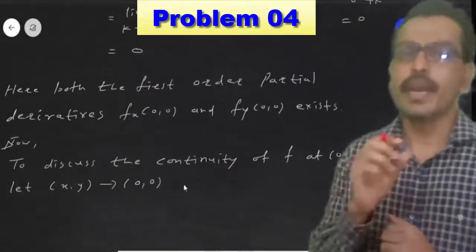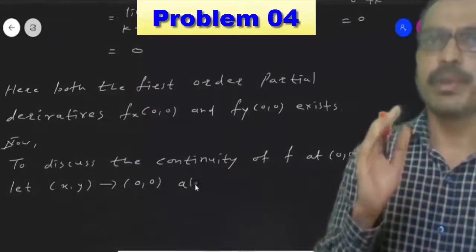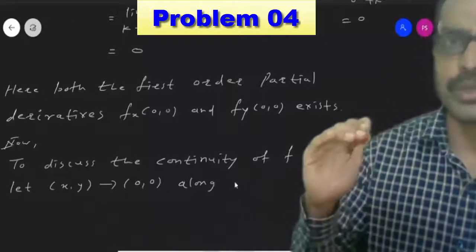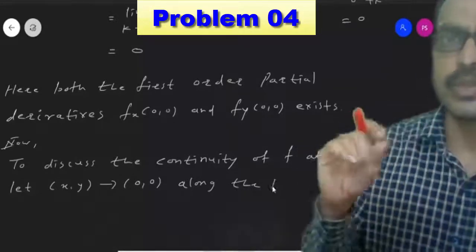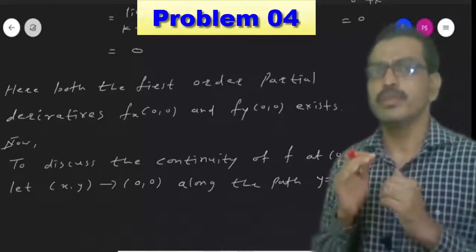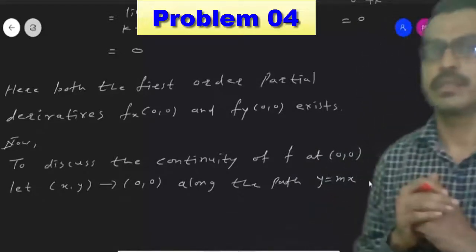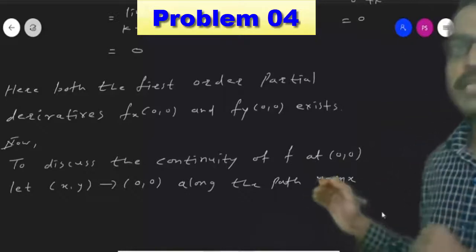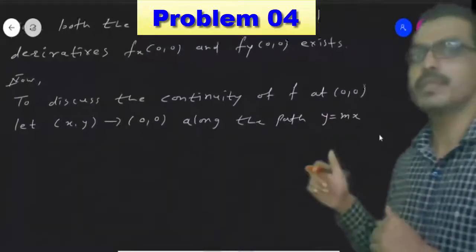Let the ordered pair (x, y) approach (0, 0). That is, x tends to 0 and y tends to 0. Here we choose the path y equals mx, where m is a parameter.